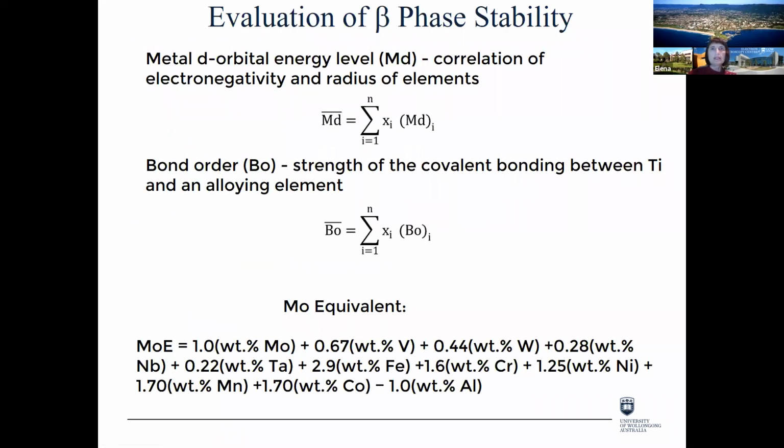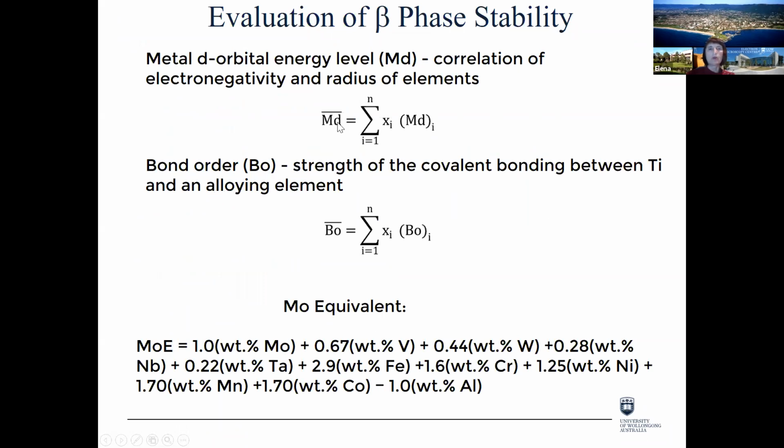So beta phase stability could typically be predicted using the so-called Md-Bo approach: metal d orbital energy level, and bond order, which is the strength of the covalent bonding between titanium and other atoms present in the material.